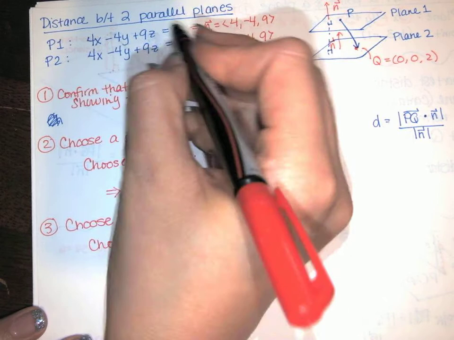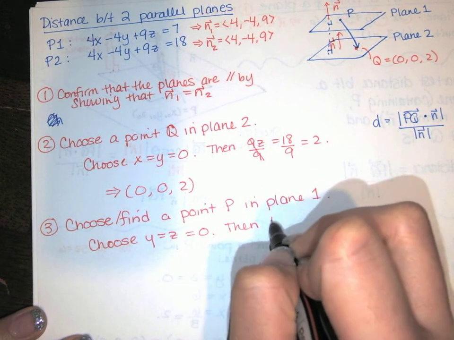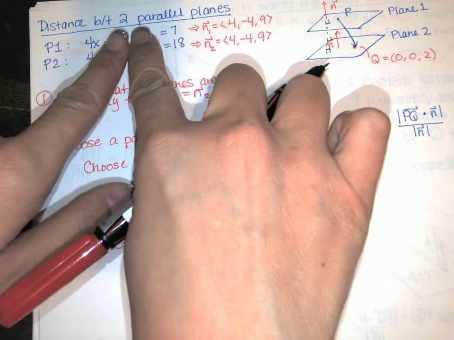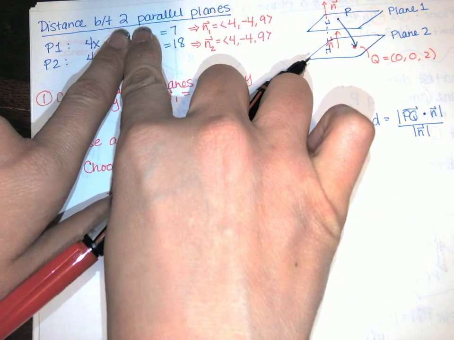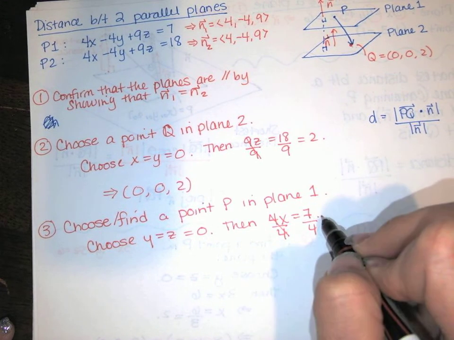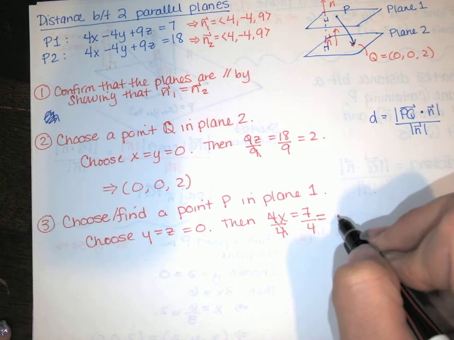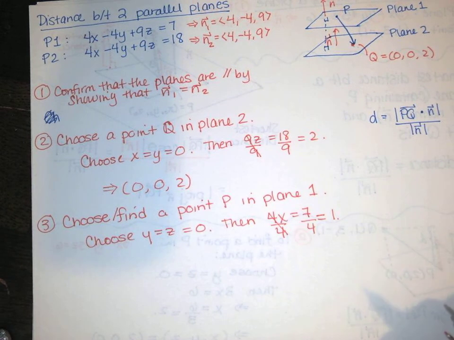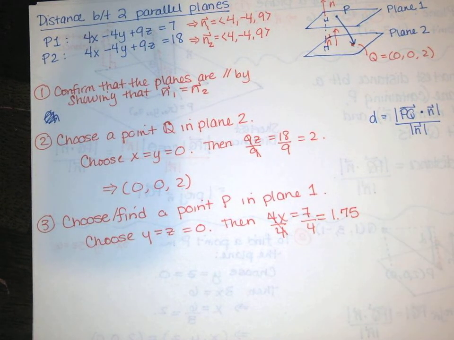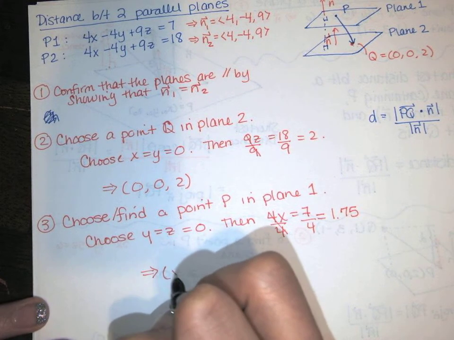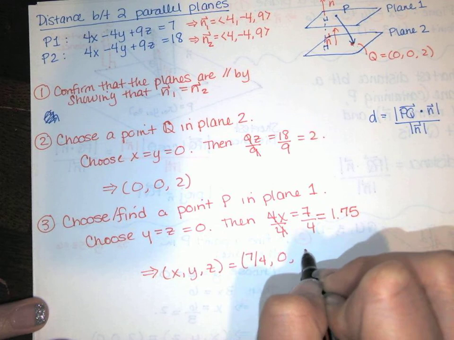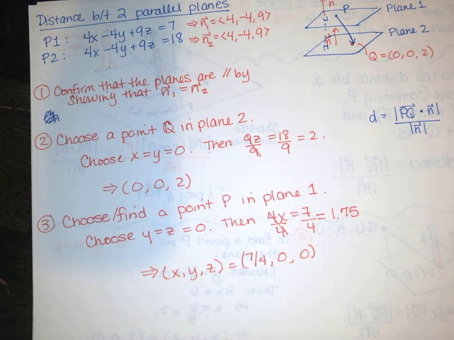Then we'll have 4x equals 7, because if y is 0 and z is 0, all we're left with is a 4x and then a 7 on the right-hand side. So we'll divide by 4, and that's 7/4, or 1.75. So one point x, y, z is (7/4, 0, 0), or you can use 1.75 if you prefer.